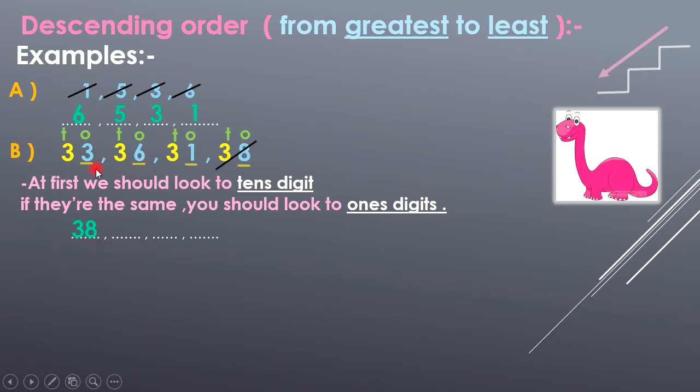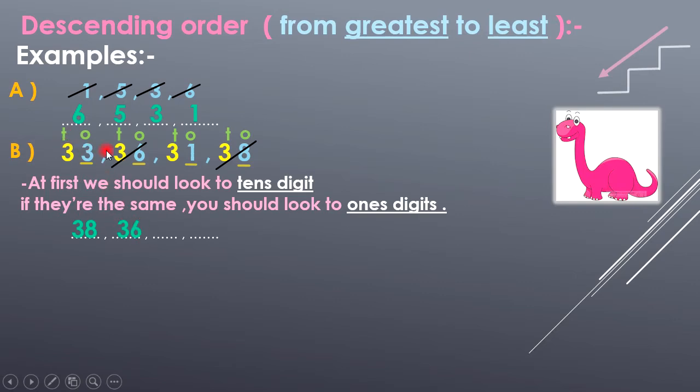Now I have 33, 36 and 31. I look at the ones digit. Which one is the biggest? Yes, 36, because 6 in the ones digit is the biggest one. So I cross 36 and put 36.